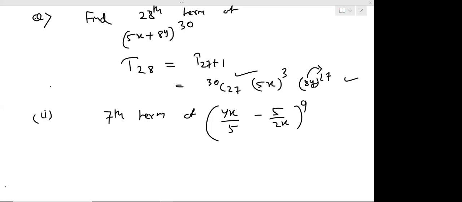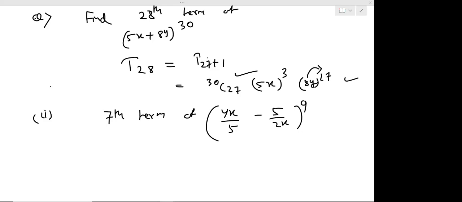With this one, you can get the exact answer. I wrote 9C6, 4x by 5 raised to 2, 3, and minus 5 by 2x raised to 6.